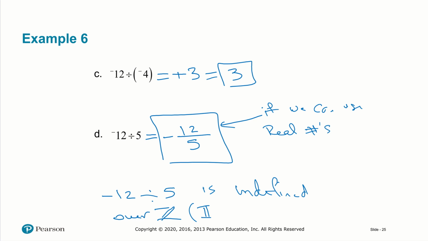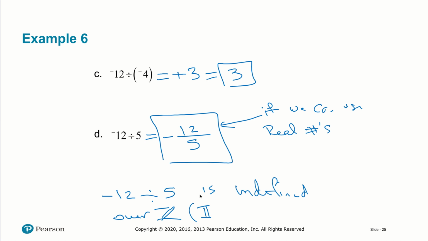So be careful to make sure what kind of answers are being sought. If you're allowed to do your operation only within the set of integers or within the set of real numbers. If you're dealing with the set of real numbers, that would be your answer, that fractional answer. But if you're only allowed to have integer answers, then you don't have one here.